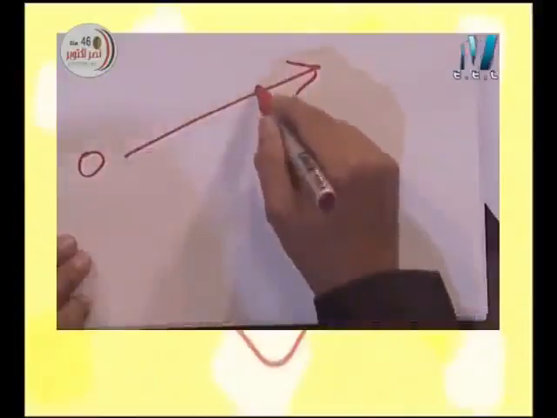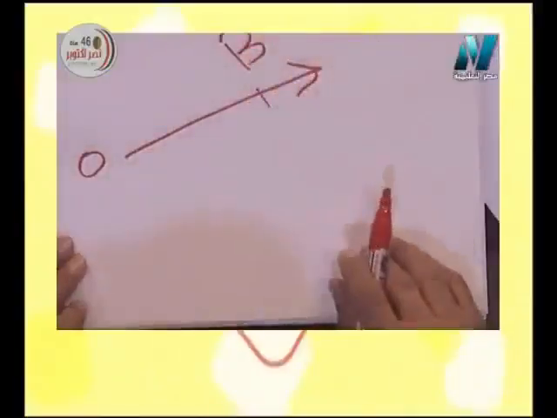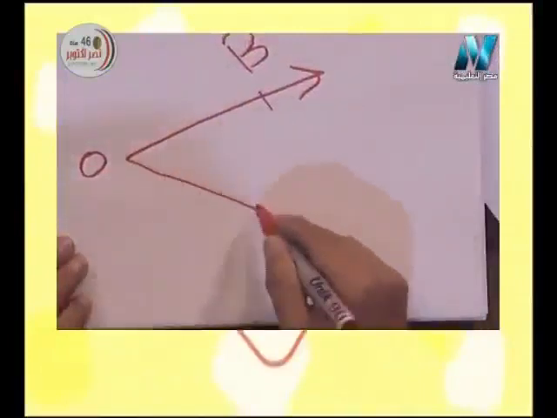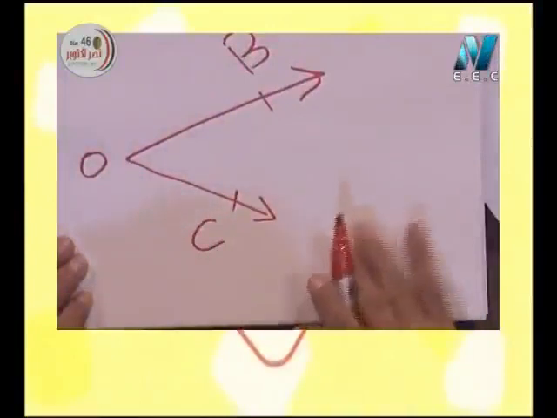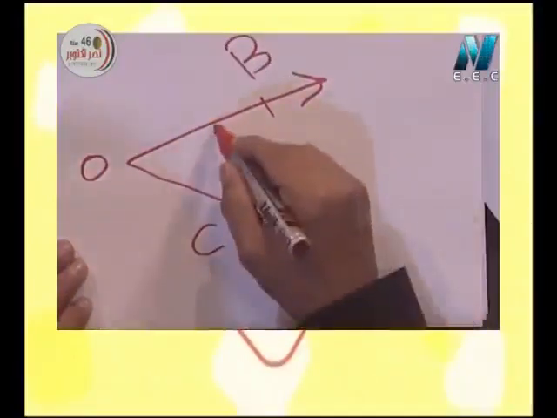Let us draw another directed angle. We have this side OB and another side OC. This angle will be measured like that.